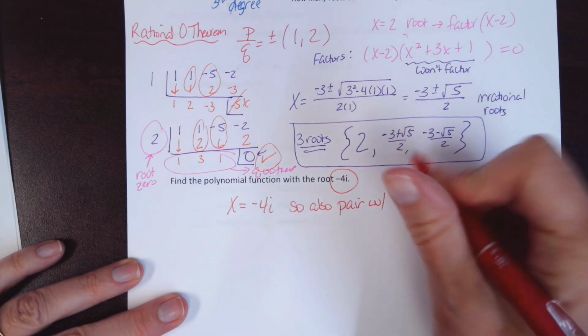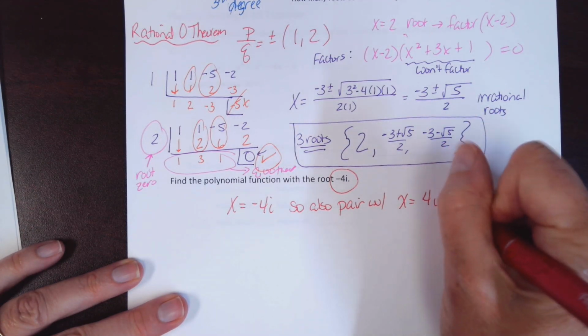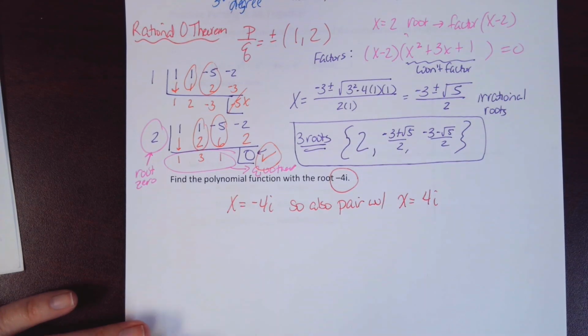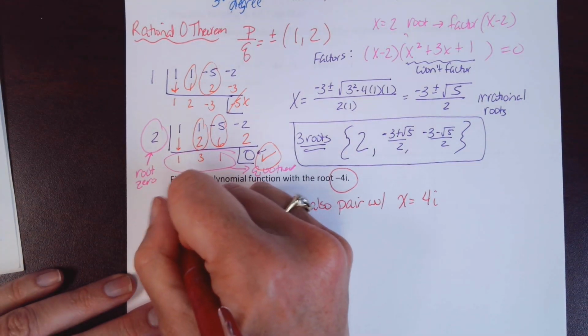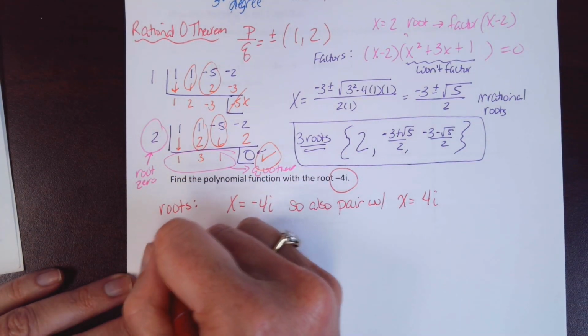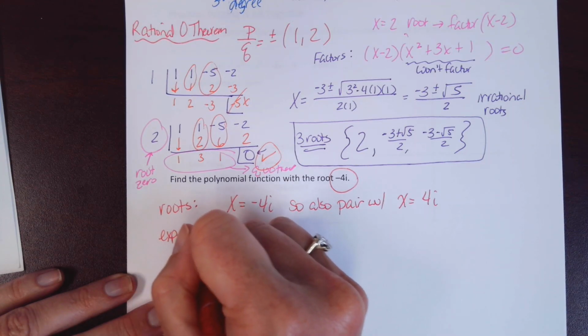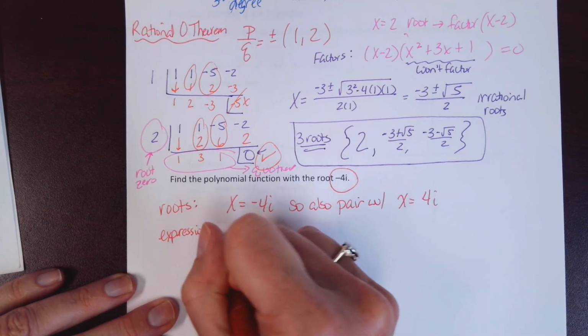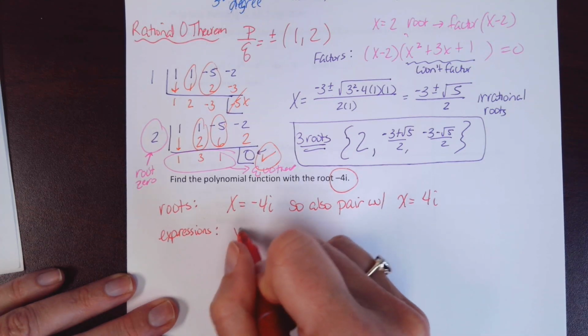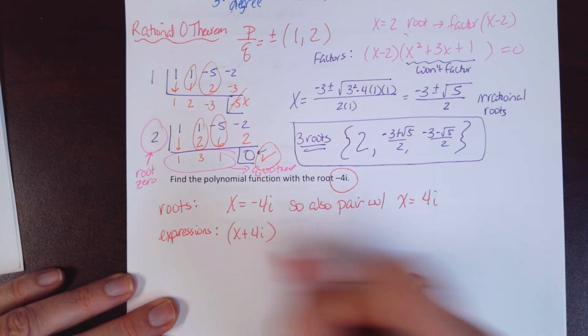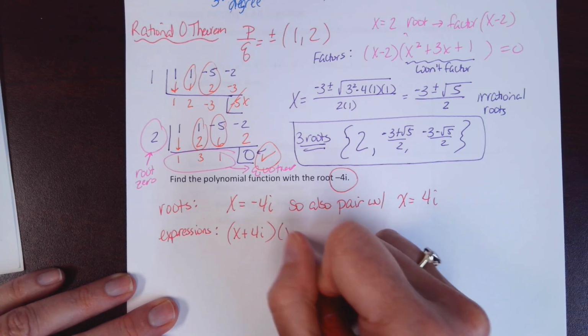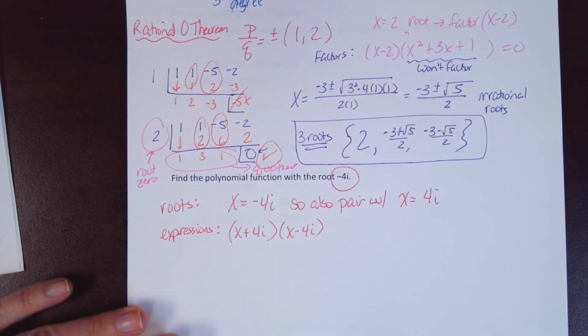So it also pairs with x equals positive 4i. Now those are roots. Let's turn those roots into expressions, or factors. So if I move that over, I have x plus 4i, and I move that over, I have x minus 4i.